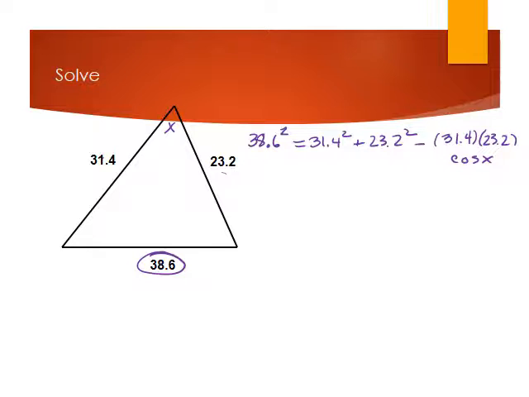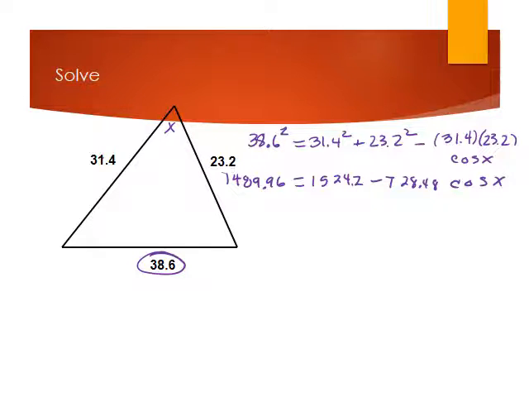All right, when I square everything, I get 1,489.96 equal to 1,524.2 minus 1,456.96 times the cosine of X.